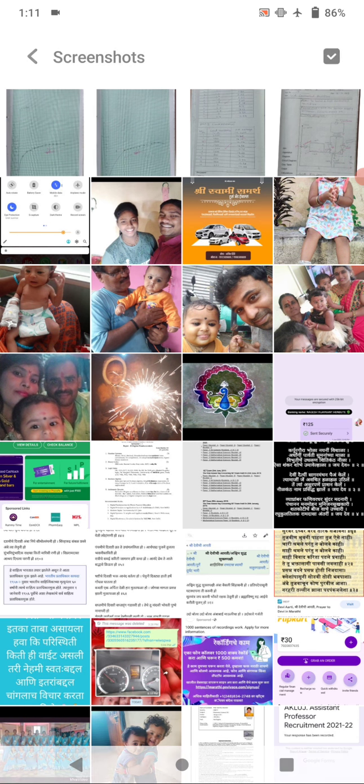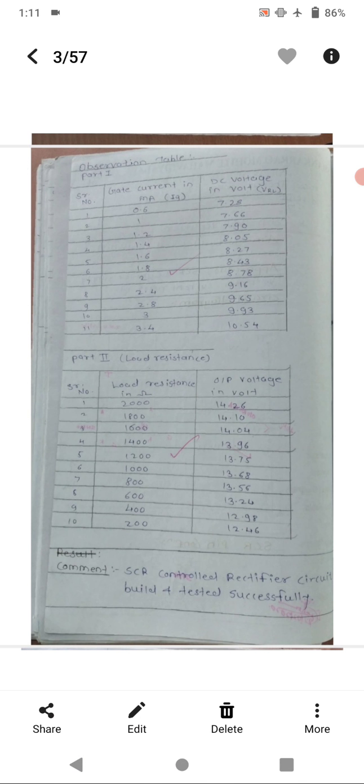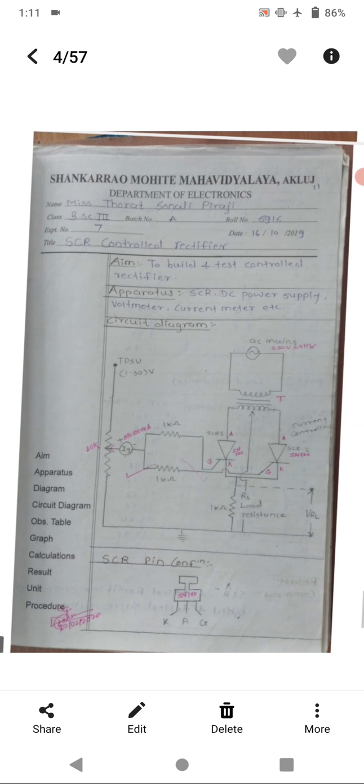Then the second part is the load resistance. Here the serial numbers are the same, 10 to 11 readings. Then the load resistance in ohms and the output voltage in volts. In this second part, the 1 kilo ohm resistor is removed and a resistance box is connected in its place.